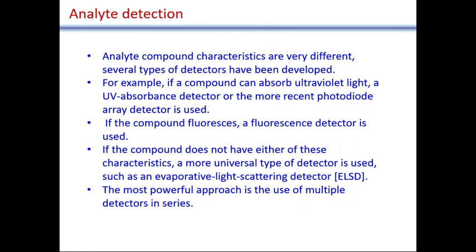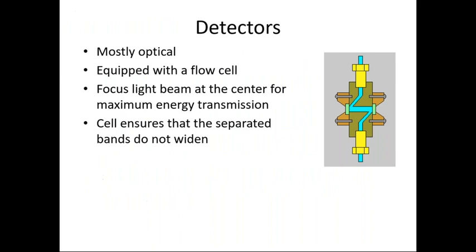They can absorb UV light, they can have the property of fluorescence, or they could have the property of charge, and so on. So different types of detectors are used to detect the analyte, what you see as peaks in the chromatogram.